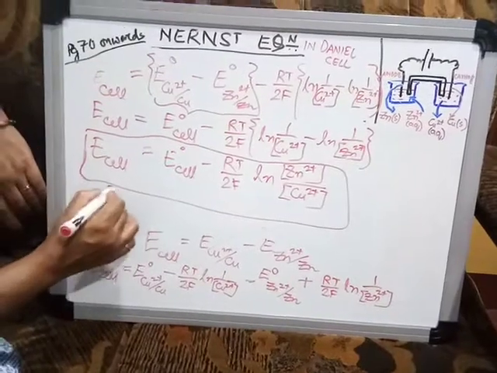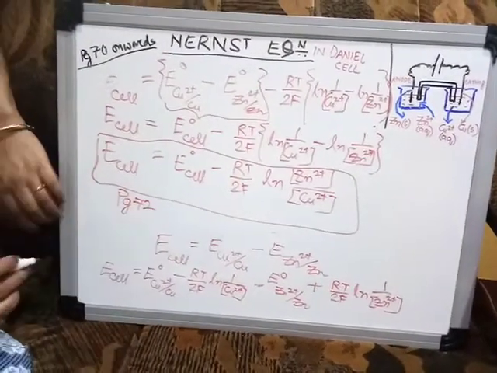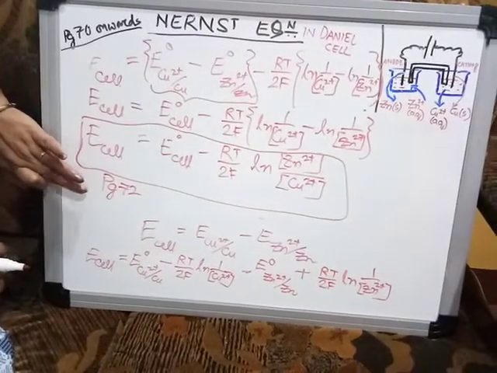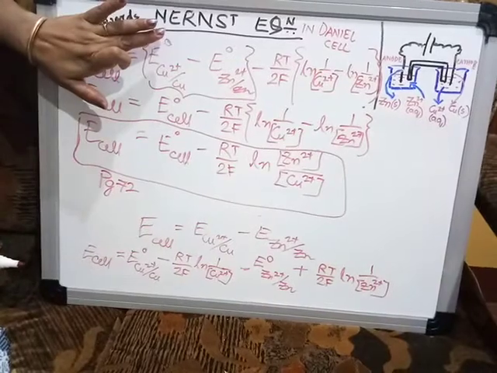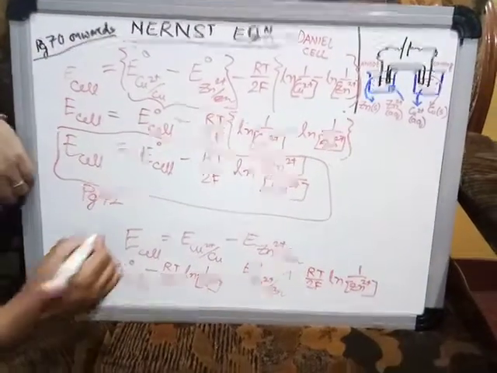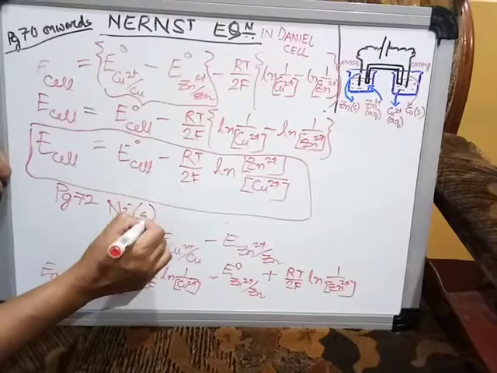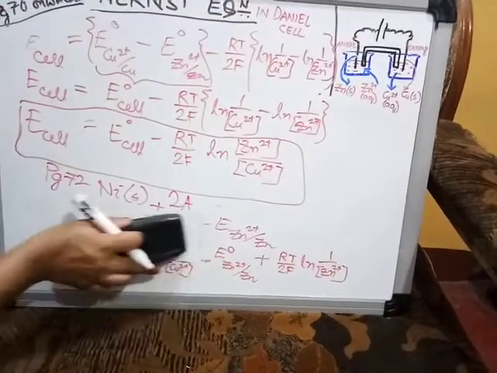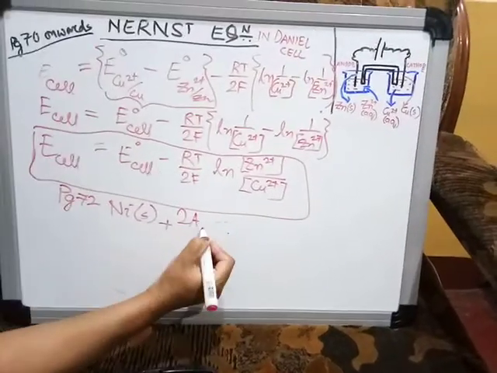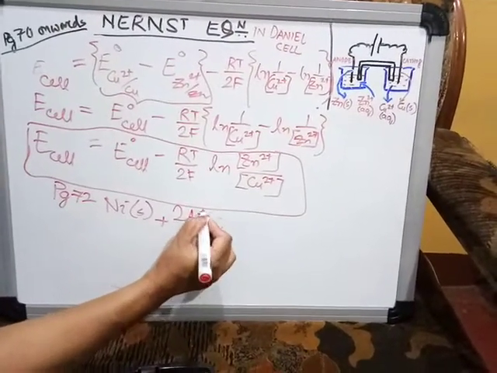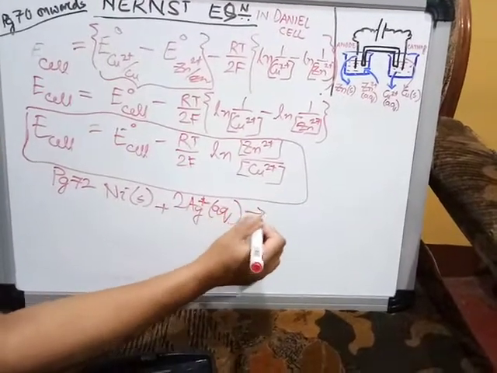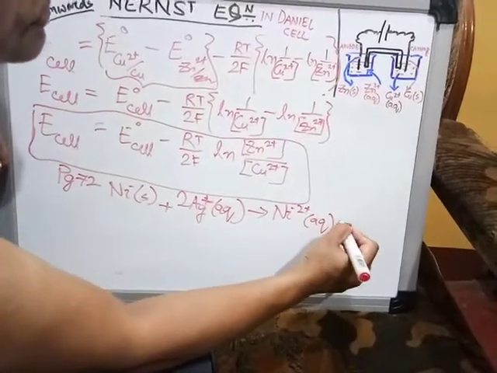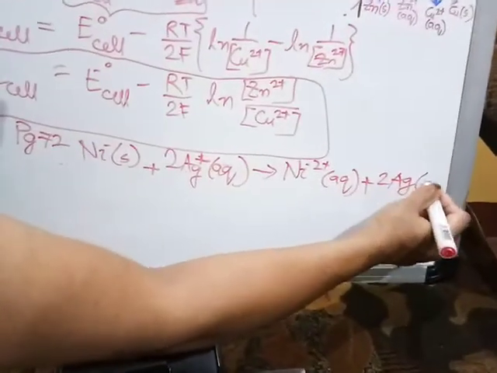Now in page 72 you will find that they have done one more application of this Nernst equation to an equation where Ni solid plus 2Ag+ aqueous gives Ni2+ aqueous plus 2Ag solid.